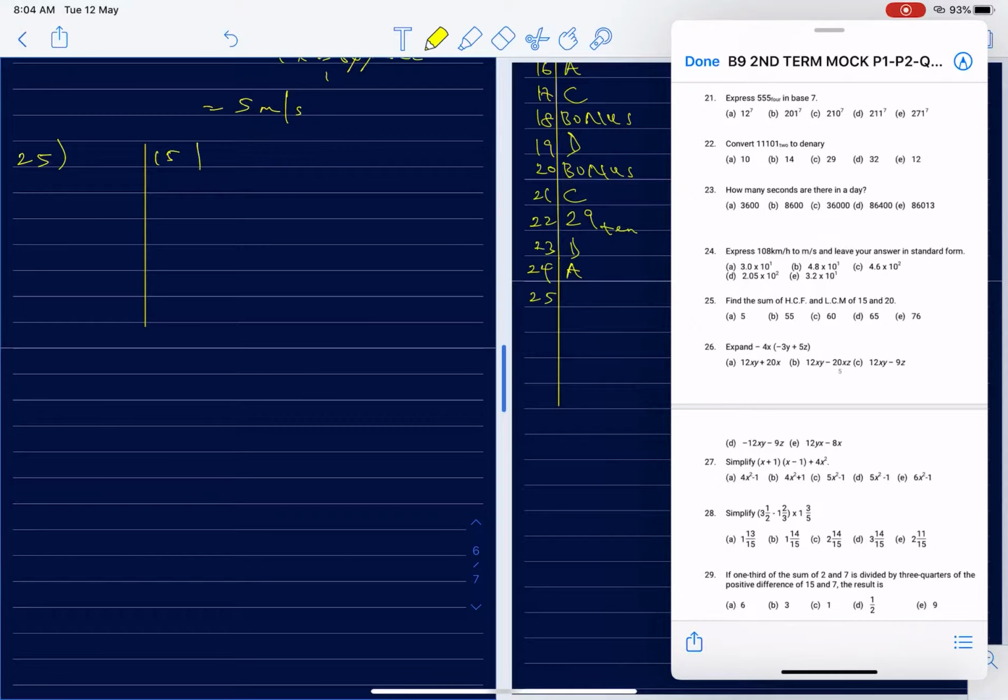Let's use the column method. For the HCF, you think of a number that will divide both of them, 3, 4. And that means the HCF is 5. HCF equals 5. Now for LCM.